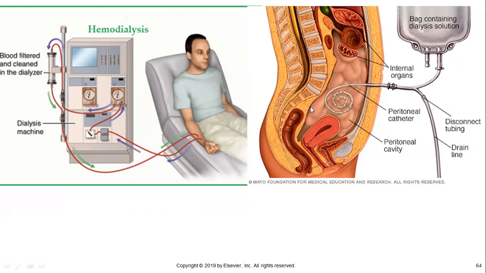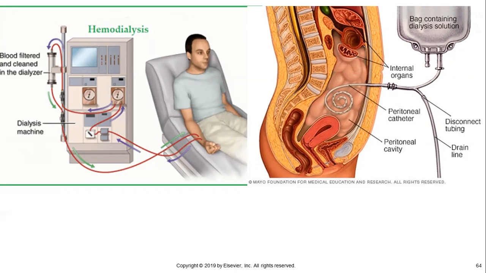Why do we go for peritoneal dialysis? Like you make a fistula, and the fistula takes time to mature. This time we can go for peritoneal dialysis. Or if the patient does not want a kidney transplant or hemodialysis, we can choose peritoneal dialysis.